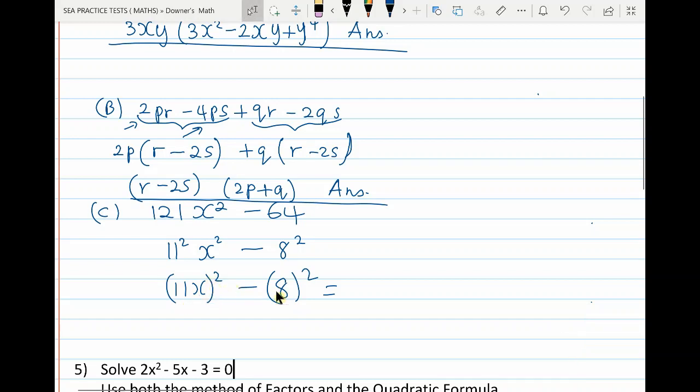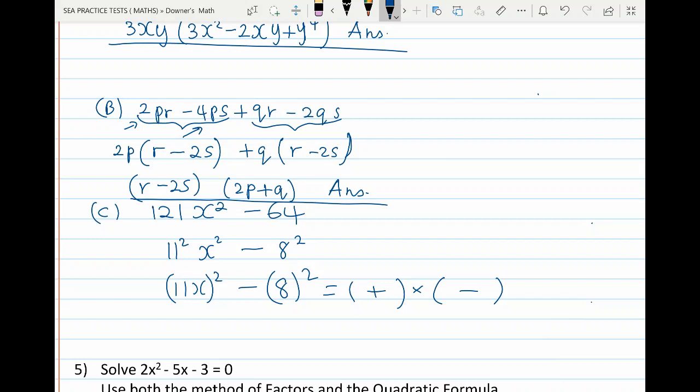So if we have two items here that are already showing us the difference of two items squared, 11x squared and 8 squared, then we can use the difference of two squares, which says that the difference of the squares of two terms, 11x and 8 being those two terms, is equal to the product of the sum and the difference of the items that were squared.